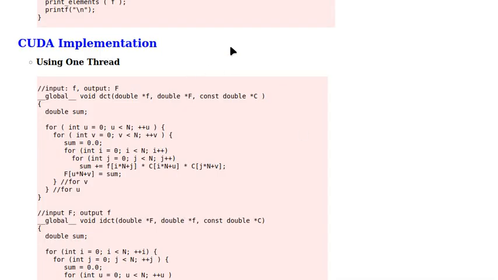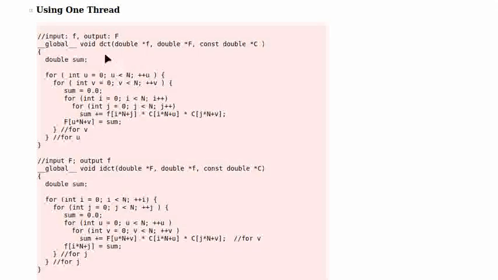Now let's see how we do this in CUDA. We first consider using one thread. In this case, the CUDA kernel functions are quite similar to the functions implemented in C++.